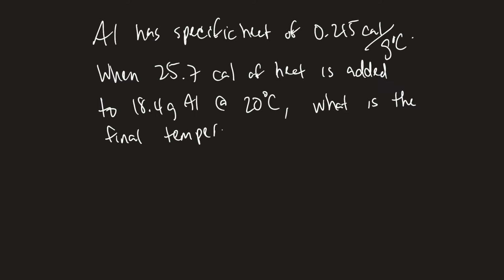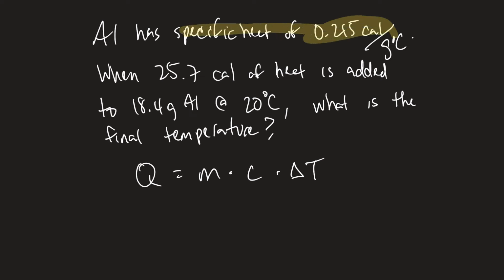So this one's just a little bit different, all right? But I think if you think about it, it's really not that bad. Same equation, but just a little bit different. So Q equals M times C times delta T. Let's see what we got here. In this case, we have specific heat, which tells me the specific heat of aluminum.